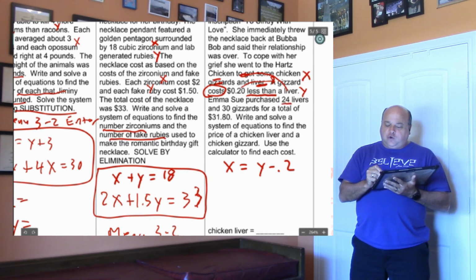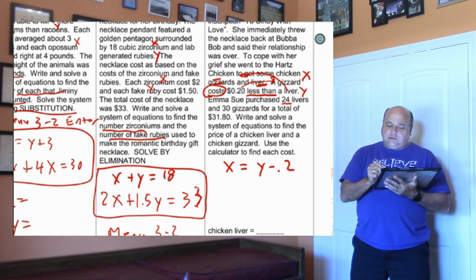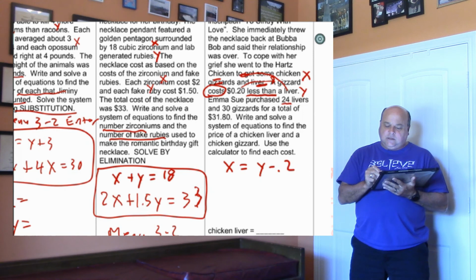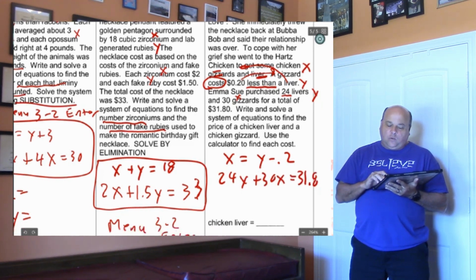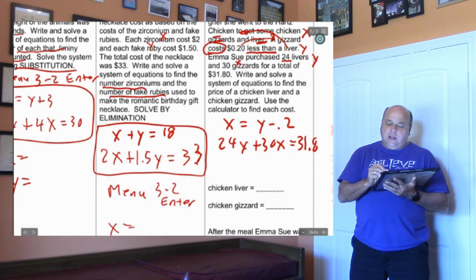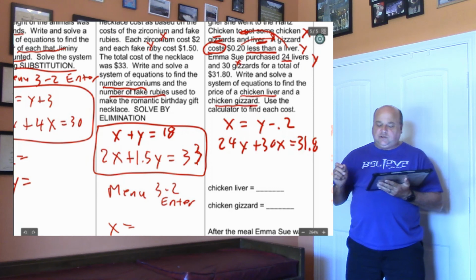Emma Sue purchased 24 livers and 30 chicken gizzards. So a gizzard is x, and the livers are y. So 24y plus 30x equals 31.8. Write and solve this system to find the price of a chicken liver and the price of a gizzard, okay?